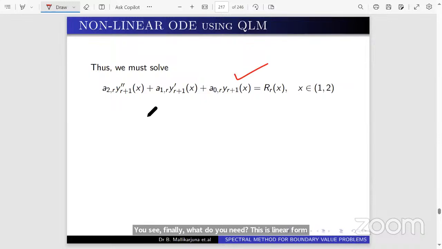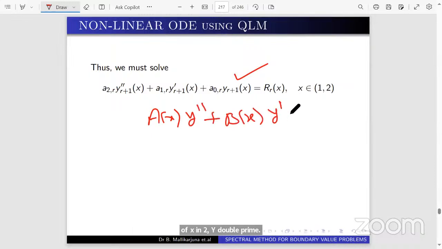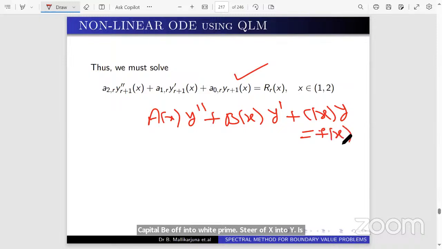Now, this is nothing but capital A of x into y double prime, capital B of x into y prime, C of x into y is equal to some function in terms of x. Now, this is a differential equation, right? Double derivative, first derivative of y.